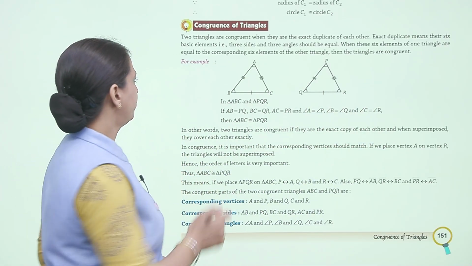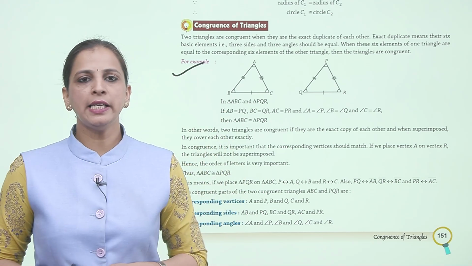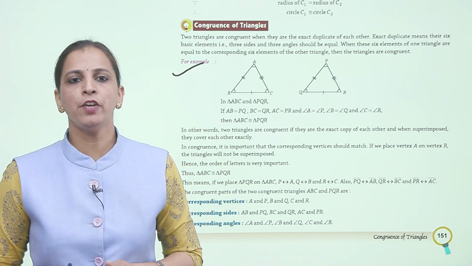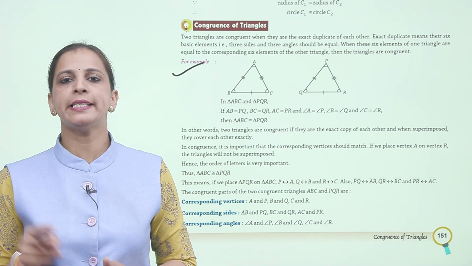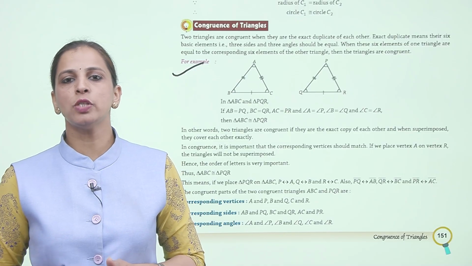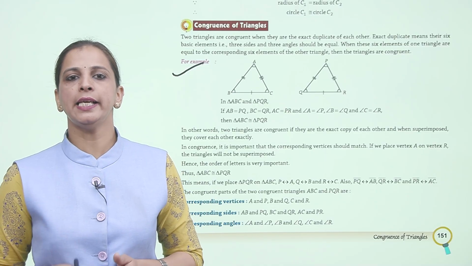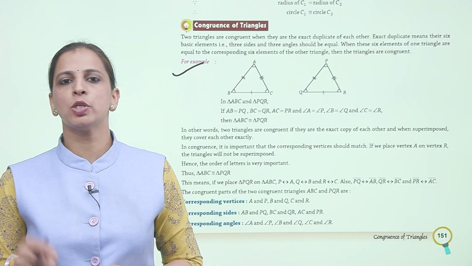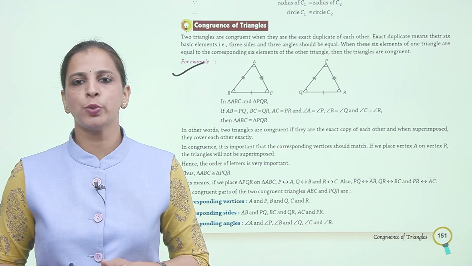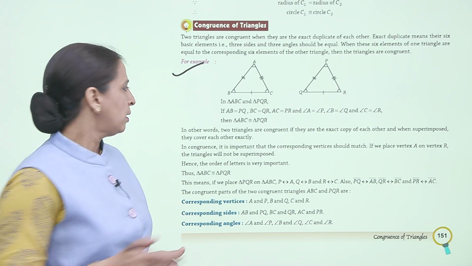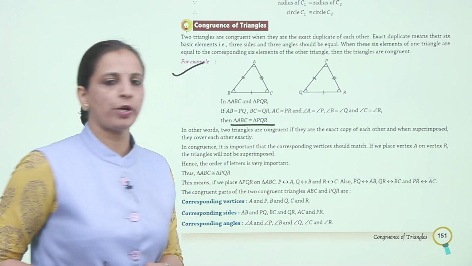For example, in triangle ABC and triangle PQR, if AB is equal to PQ, BC is equal to QR and AC is equal to PR, and angle A is equal to angle P, angle B is equal to angle Q and angle C is equal to angle R, then triangle ABC is congruent to triangle PQR.